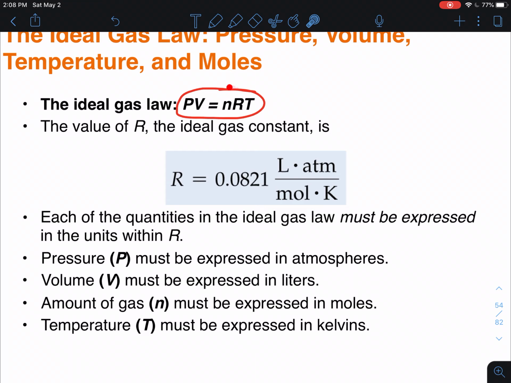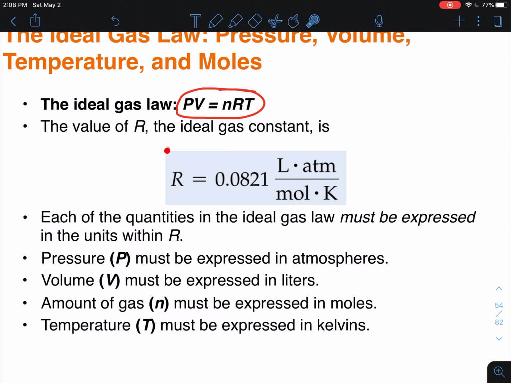Whenever you're solving a problem that requires PV equals nRT, all of your quantities must be in these units. There are other values of R with different units. Those have been experimentally determined.